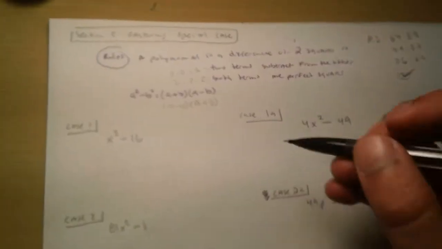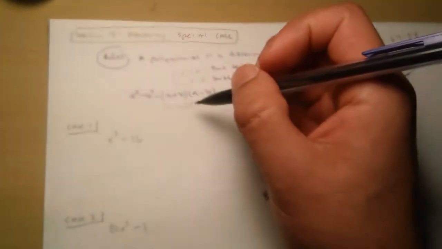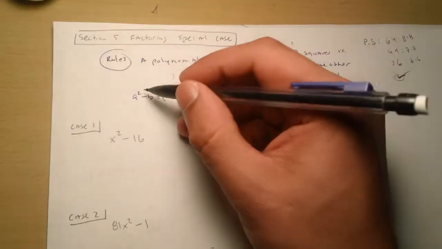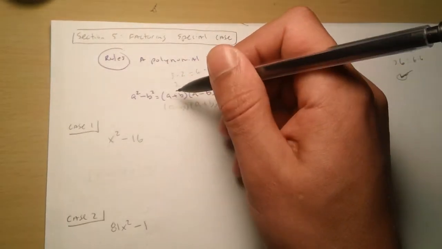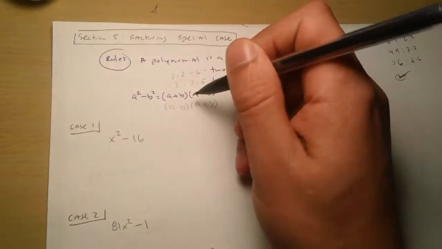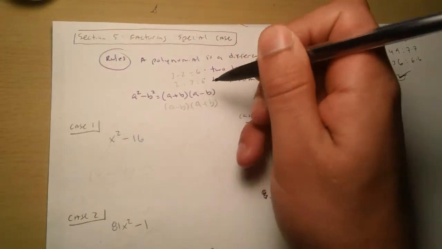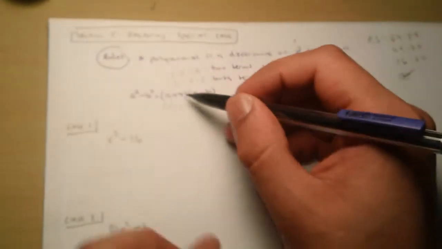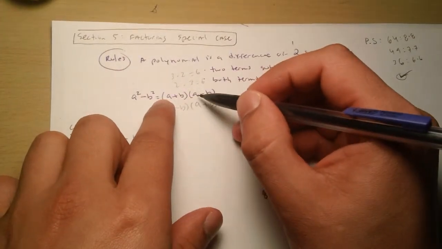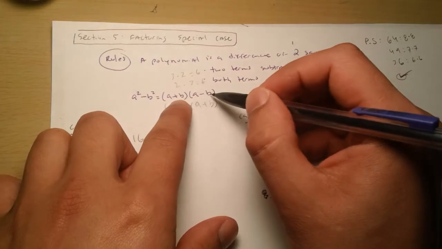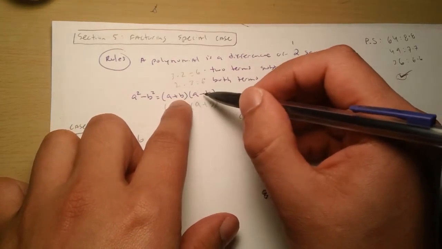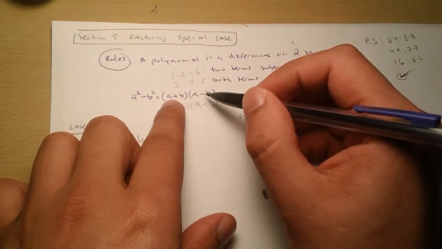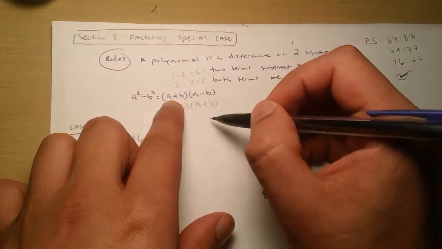Now, the formula we're going to deal with in this video is a squared minus b squared equals a plus b times a minus b. What's really important here is that both a's have to be on the same side as each other, and b has to be on the same side as the other b, but they have to have opposite signs, so plus and minus.